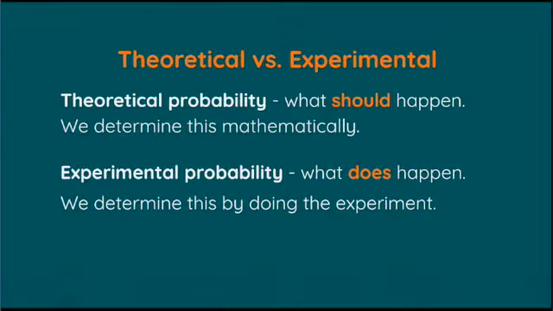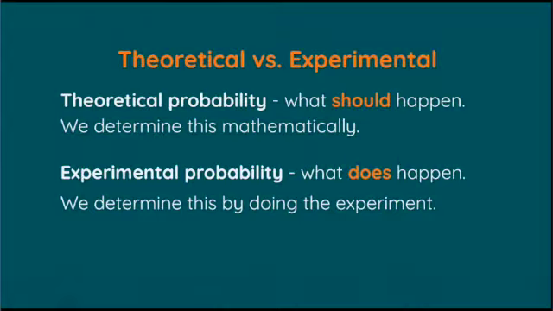You have a 1 out of 6 chance of rolling a 2 when you roll the dice. That's the theoretical probability. But when you actually roll the dice, you might not get a 2. In fact, it is unlikely that you would. But even if you roll that dice 6 times, that does not mean one of those times has to be a 2.